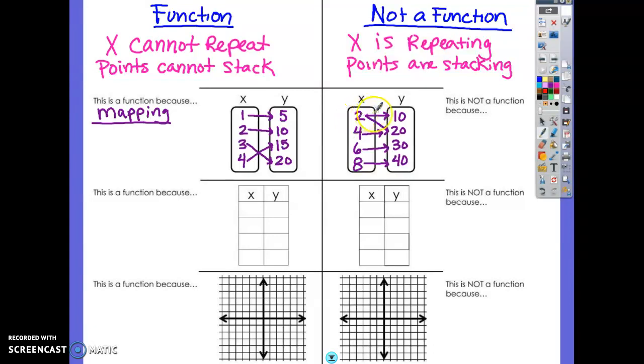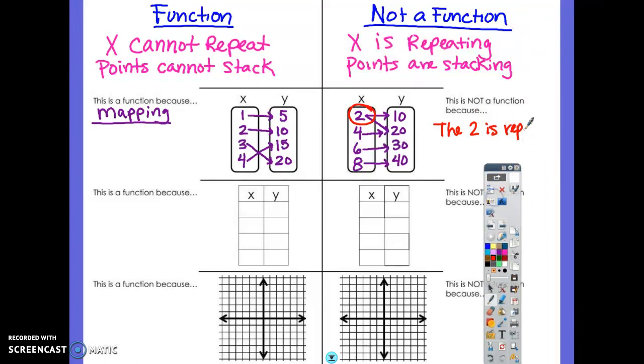Because the 2 is going to 2 different places. The 2 is repeating with the 10 and the 20. Okay? So this mapping is not a function because the 2 is repeating, to 10 and 20.